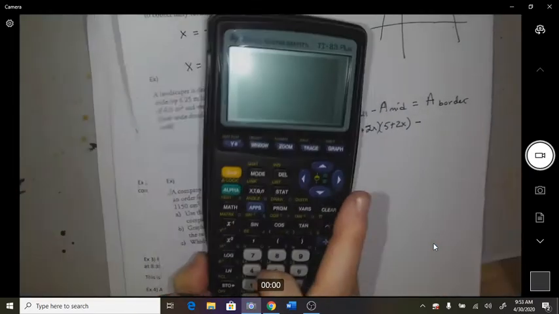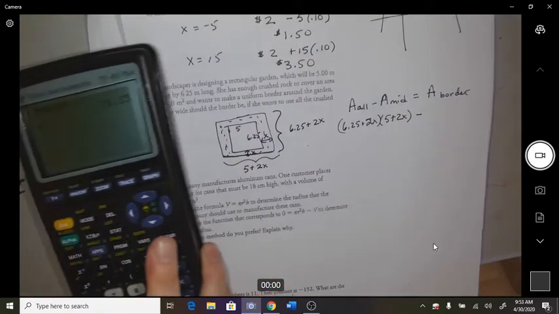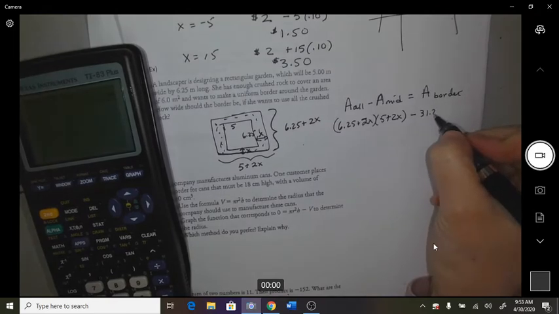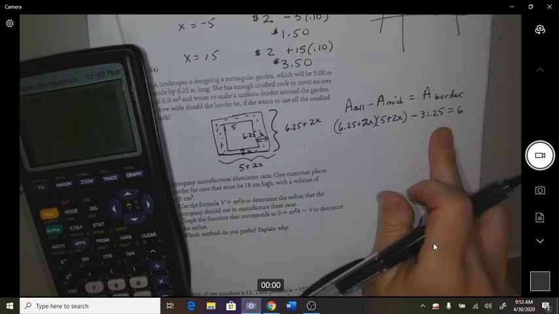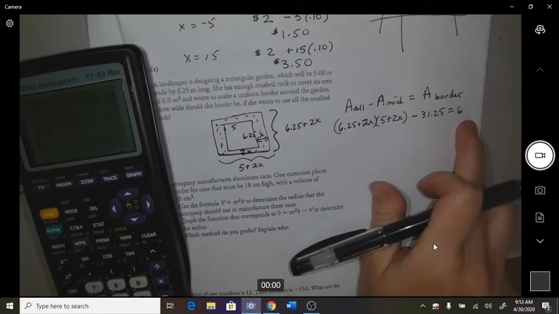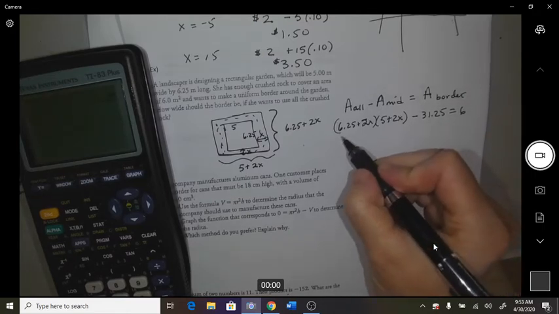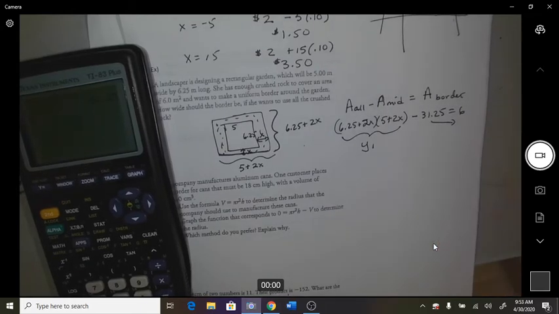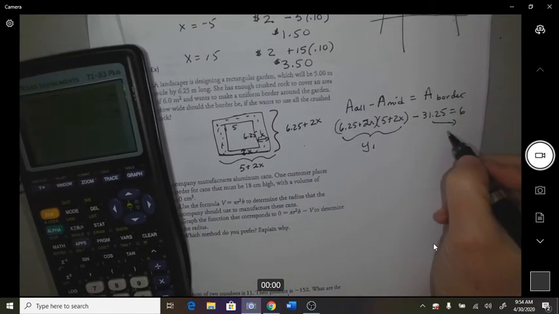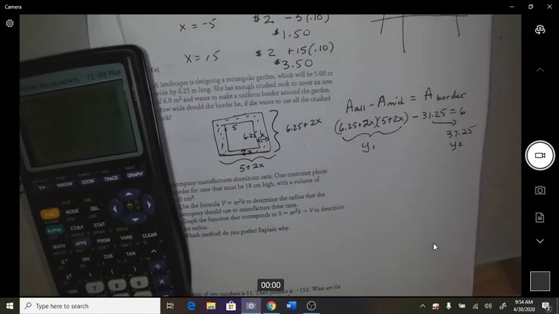We can do that. 5 times 6.25 has to equal 6. Okay, so if you want, you can type that in, and then y2 you can type as 6, or we could type this in into y1 and move that to that side. And then do that intersection.